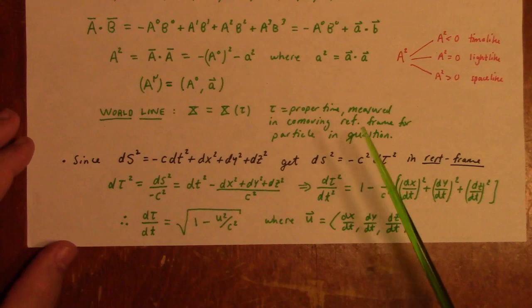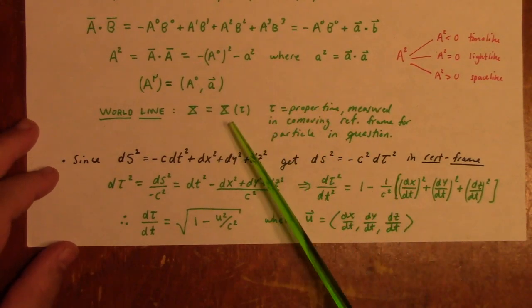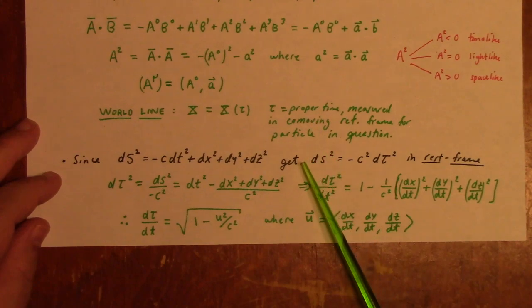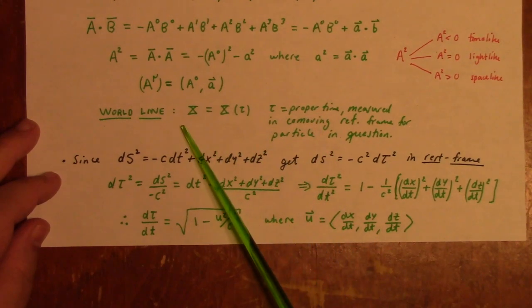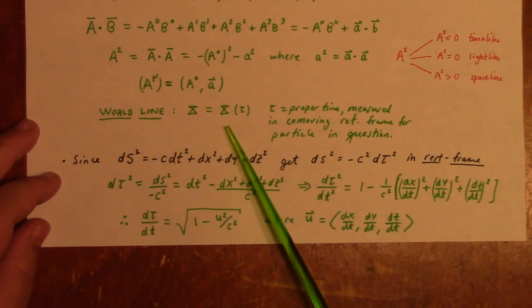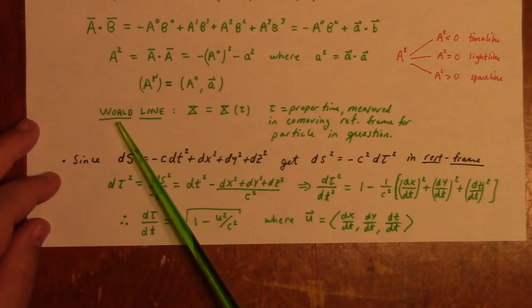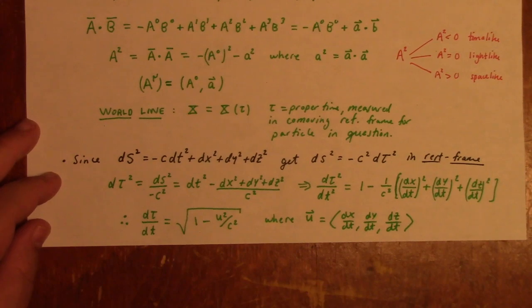It's the so-called co-moving frame, and the time in the co-moving frame is the proper time. So you can parameterize the path of something using the proper time. That's often called a world line, which isn't to say it's a line. It could be something else. There are interesting world lines that are hyperbolas, for example.